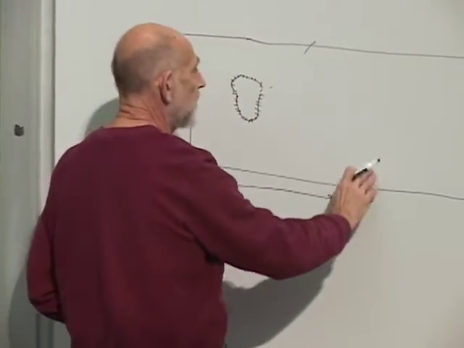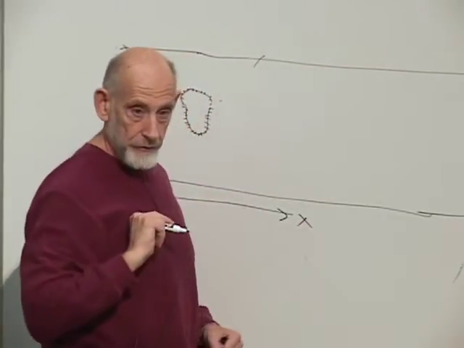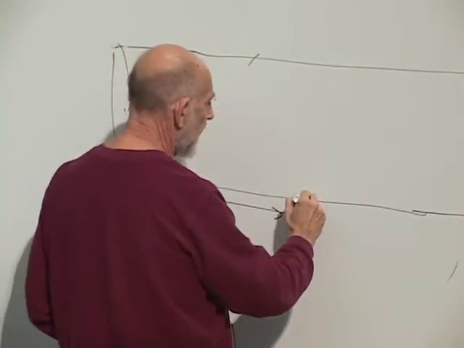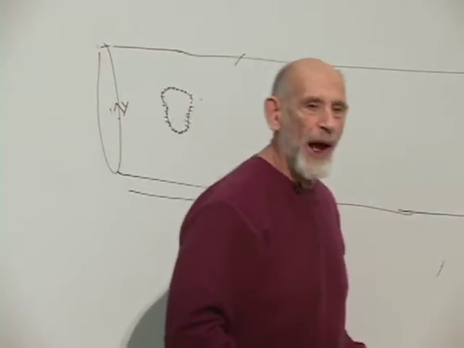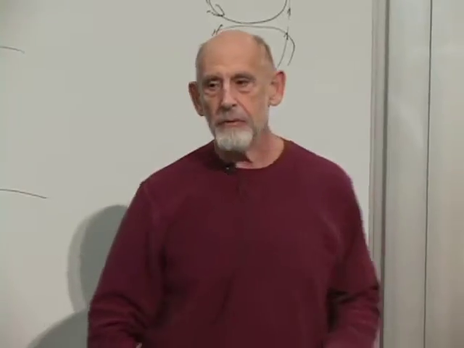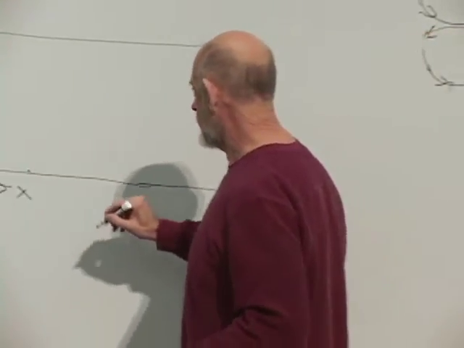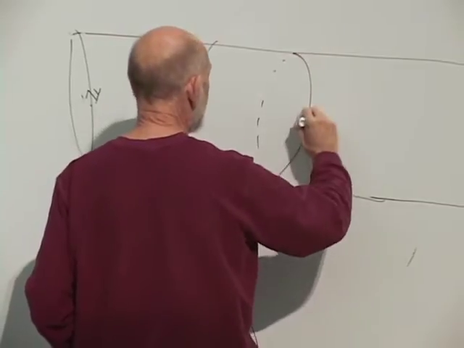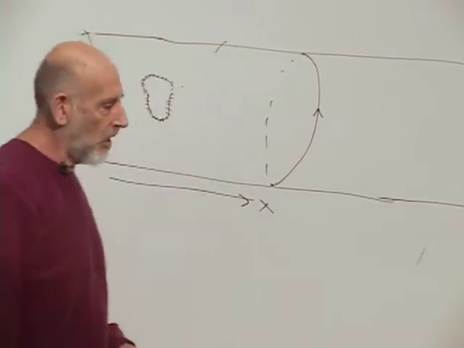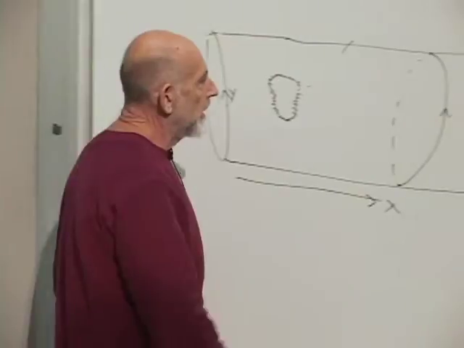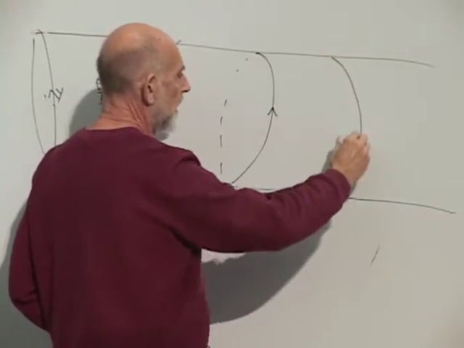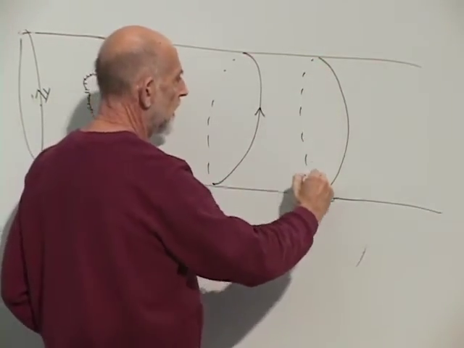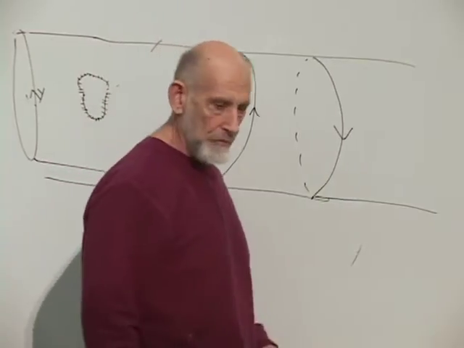So we have two kinds of wrapped strings. The correct term is wound, wound around a compact direction. Here is one of them. It comes around the other side, and it points that way. Okay, that's one. The other one goes in the opposite direction.